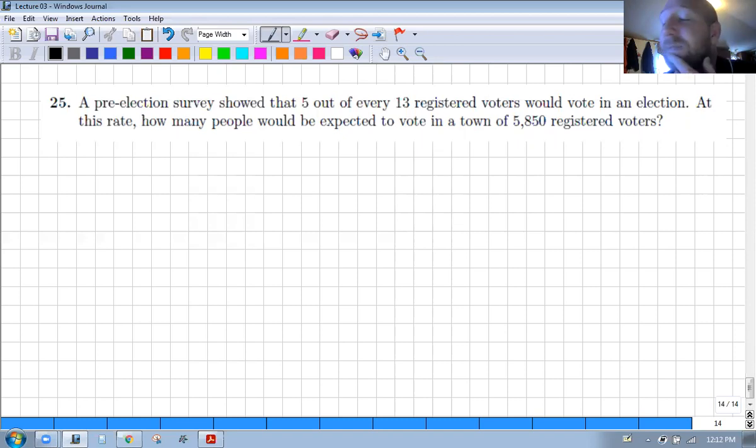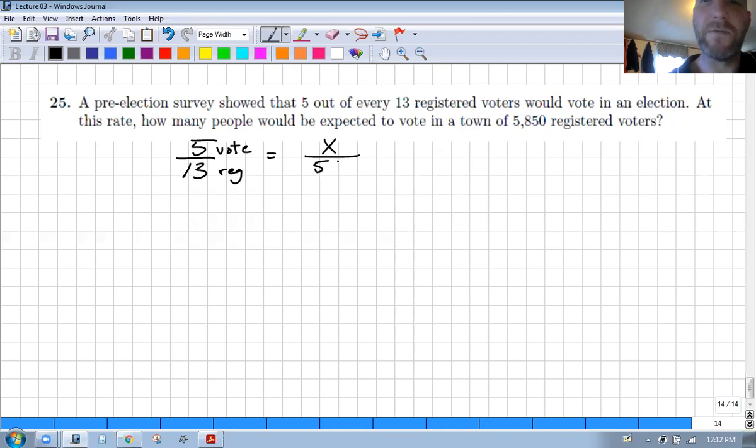Well, we could set this up as a percentage, or we could set it up as a proportion. We've got 5 out of 13, 5 vote out of 13 registered. So how many would vote out of 5,850 registered?